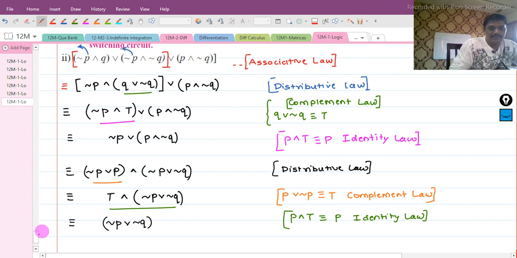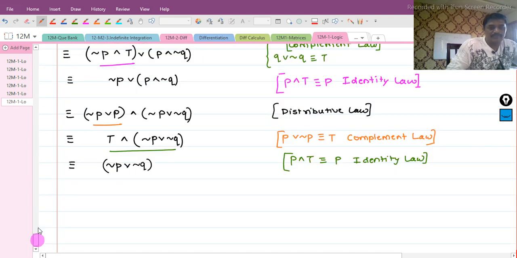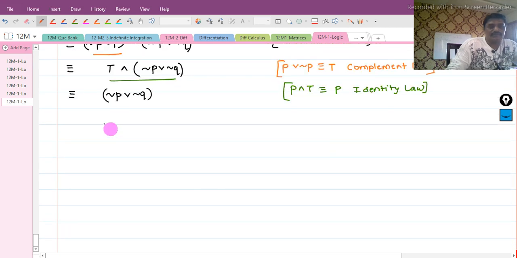तो ये है उसका सिंप्लीफाइड फॉर्मेट, ये है उसका सिंप्लीफाइड लॉजिकल फॉर्म, सिंबॉलिक फॉर्म। अब सिंप्लीफाइड सर्किट क्या होगा इसका? सिंप्लीफाइड सर्किट हमें ड्रॉ करना है। लेट negation p है यहाँ पे, isn't it?